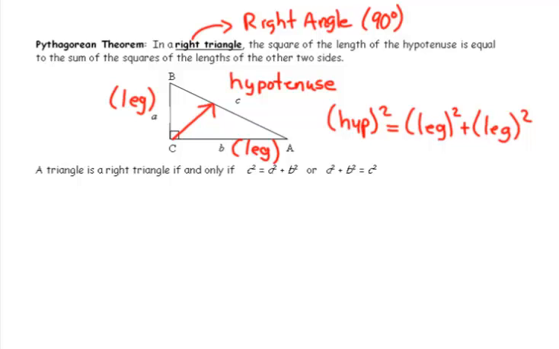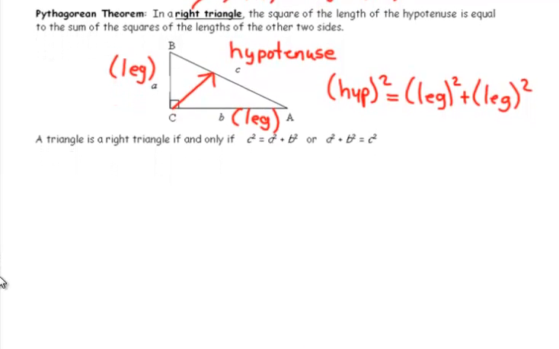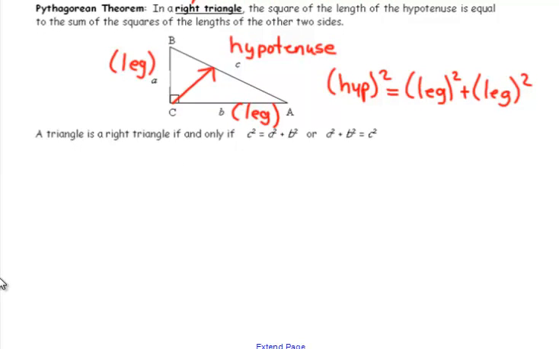Later on, if you have a math teacher, they're not looking to hear c squared equals a squared plus b squared, or a squared plus b squared equals c squared, although we often do use that to represent the Pythagorean theorem. Remember, c is the hypotenuse and a and b are the legs. So it's a little more technically correct to say the hypotenuse squared equals the sum of the squares of the legs. Remember, the word sum means to add.